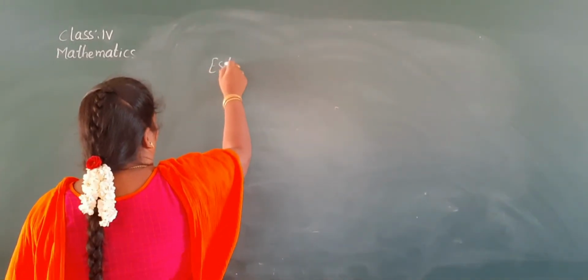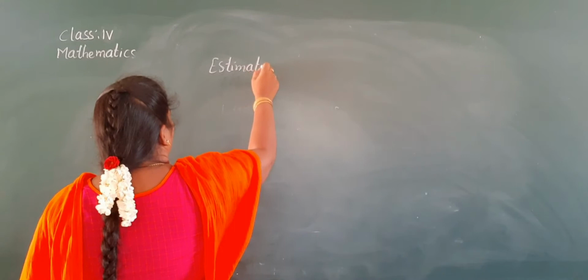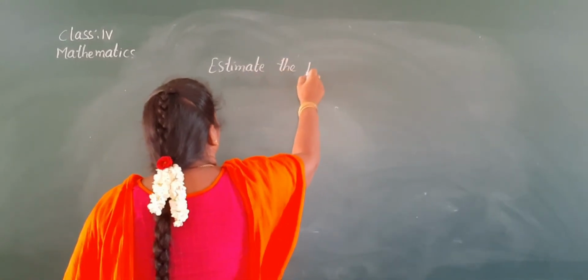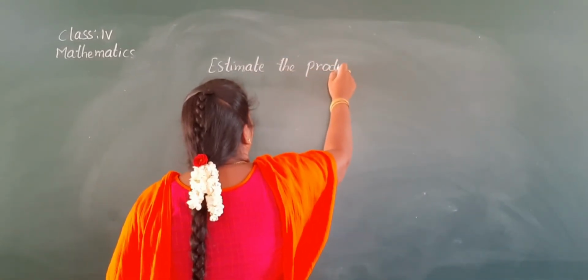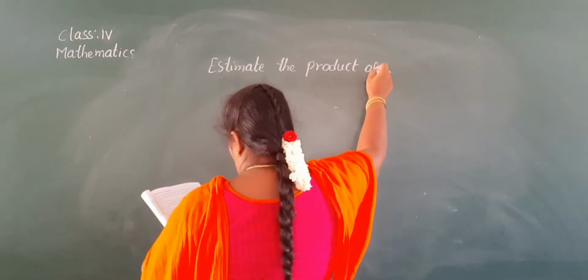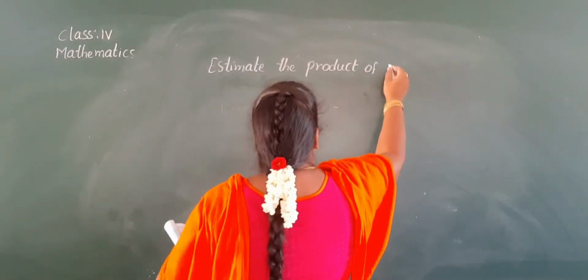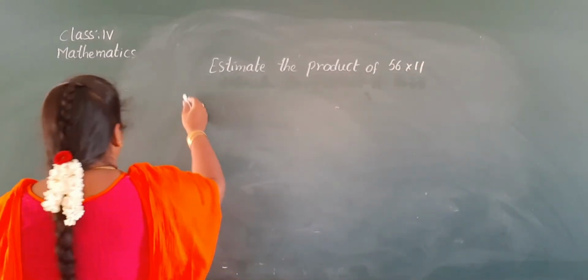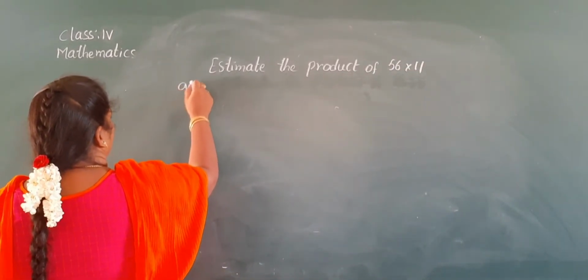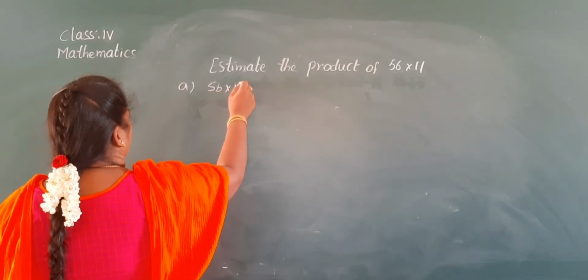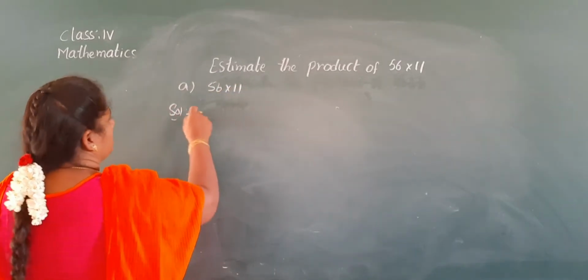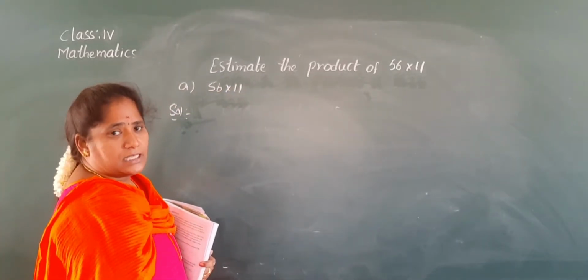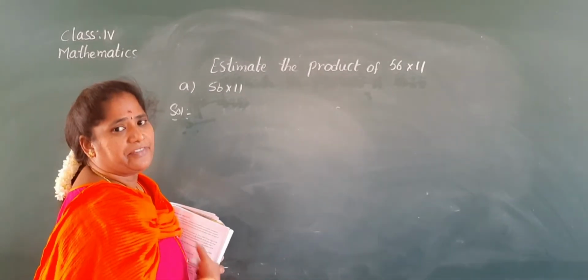Estimate the product of 56 into 11. So how do we estimate? First you round off the given numbers. What is the first number? 56.